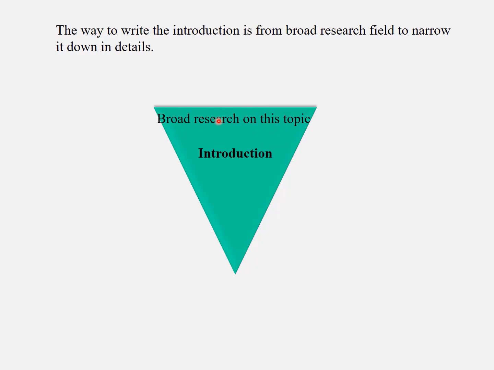For example, heart disease, depression, etc. Then you gradually narrow it down, to the point you want to do the research. That's the way to write the introduction. Then you gradually narrow down to details of your study.